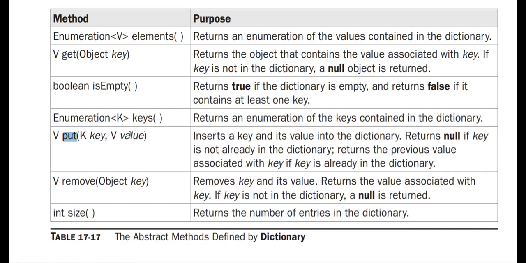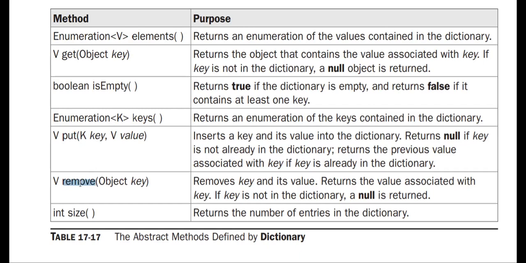Then remove. This method removes a key and its value from the dictionary. So if the key is not present in the dictionary, then it will return null value. Then size. So size method returns the number of entries that are present in the dictionary.